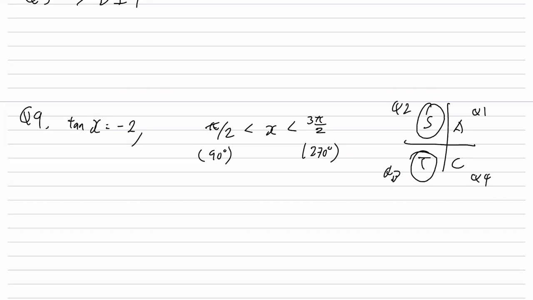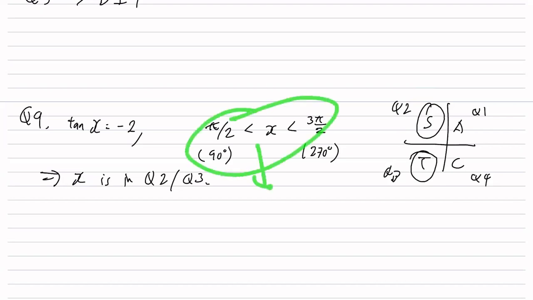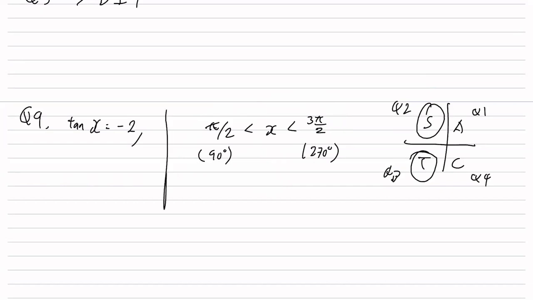So tangent x is negative. Does it make sense? Inside here. That means the angle x is either second quadrant or third quadrant. From this, x is in Q2 or Q3.